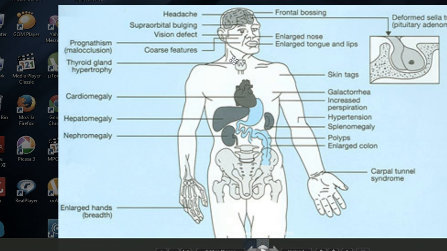Here in the neck it can cause skin tags, it can cause acanthosis nigricans, it can be associated also with thyroid enlargement. Then in the arms it would be associated with proximal myopathy.